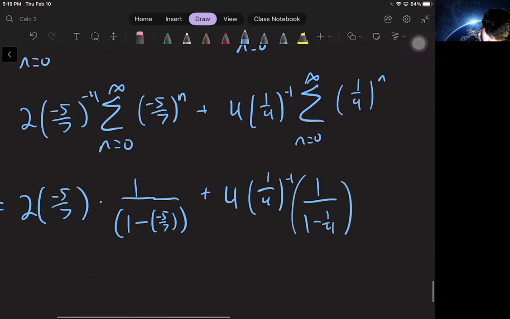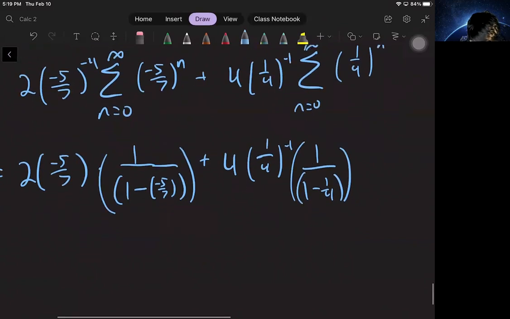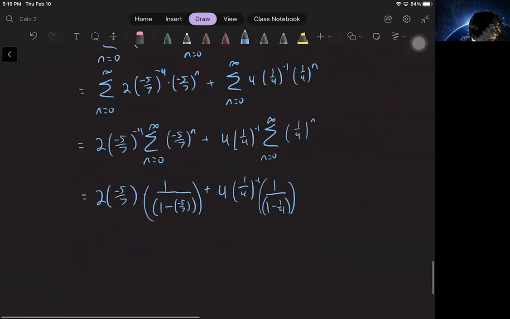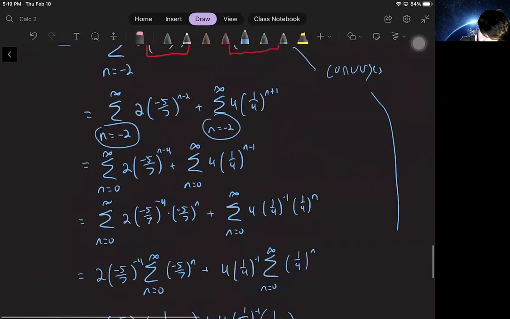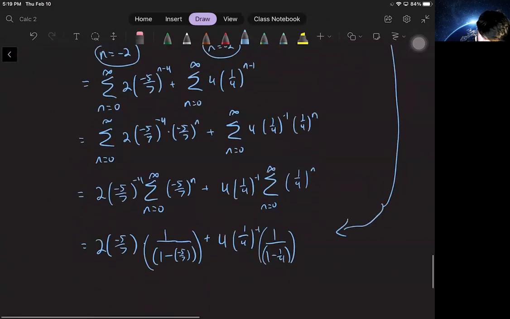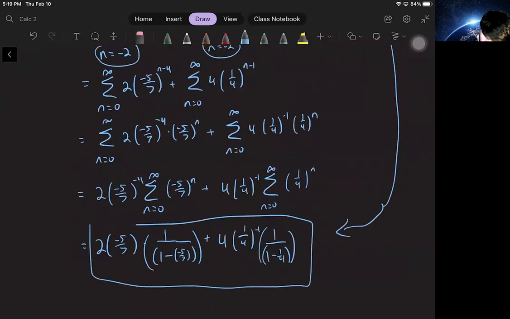I don't need that many parentheses, but whatever. Looks nicer, I guess. Okay, so that's what the original thing that we started with way up here converges to. It specifically converges to this big old number here, whatever the heck that is.